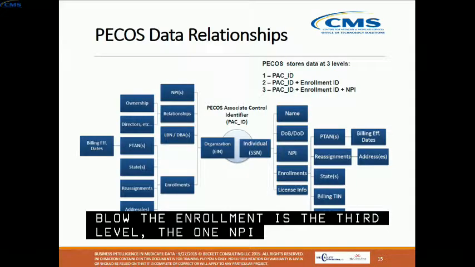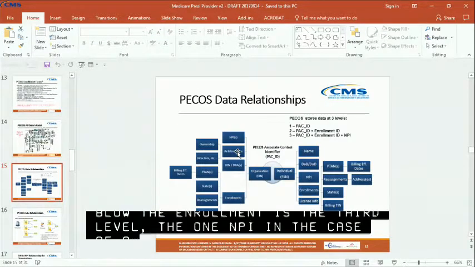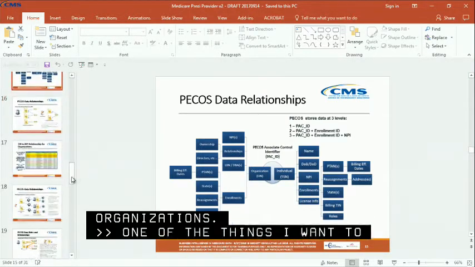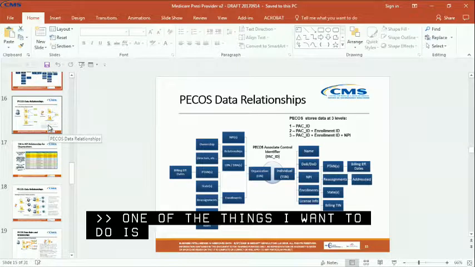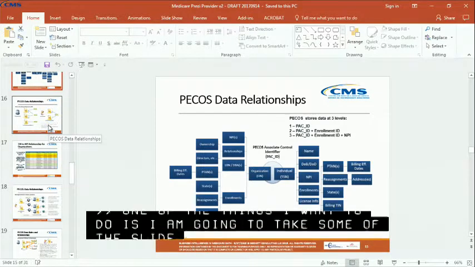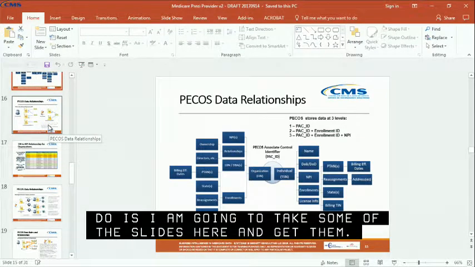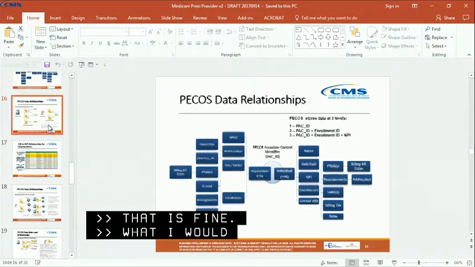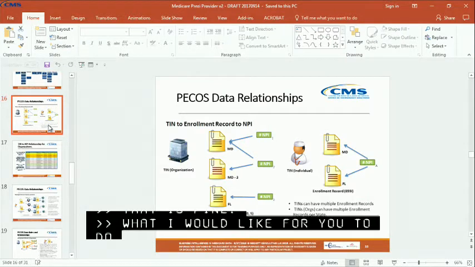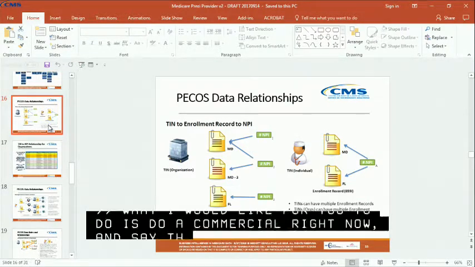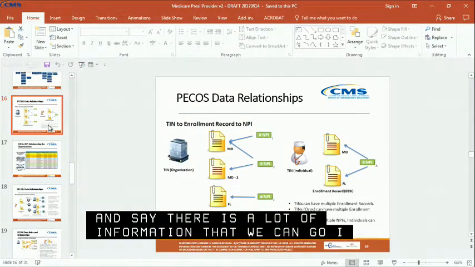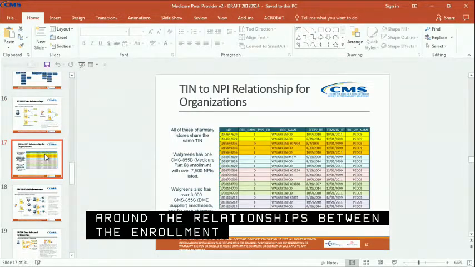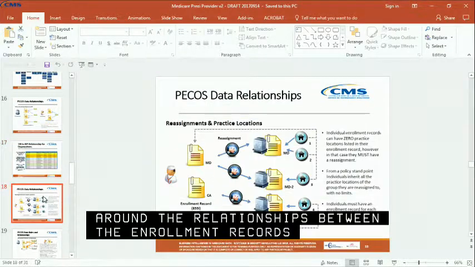Okay. All right, let's break here. One of the things I want to do is skip some of these slides. What I'd like is for you to do a commercial right now and say that there's a lot of information we can go into around the relationships between the TIN, the enrollment record, and the NPI, and that we're going to drill down on that in a future session.